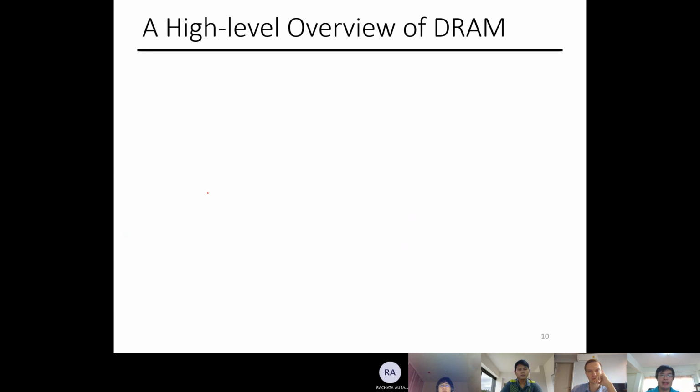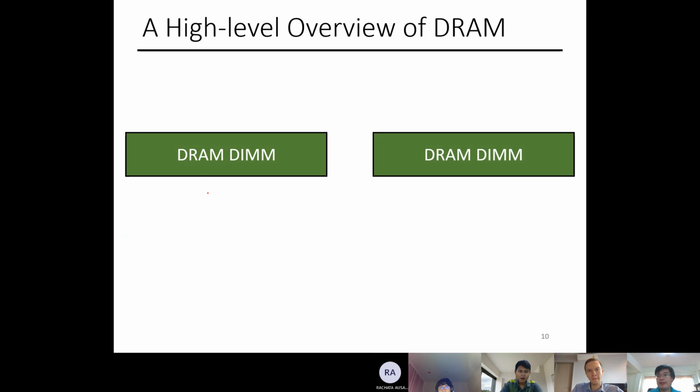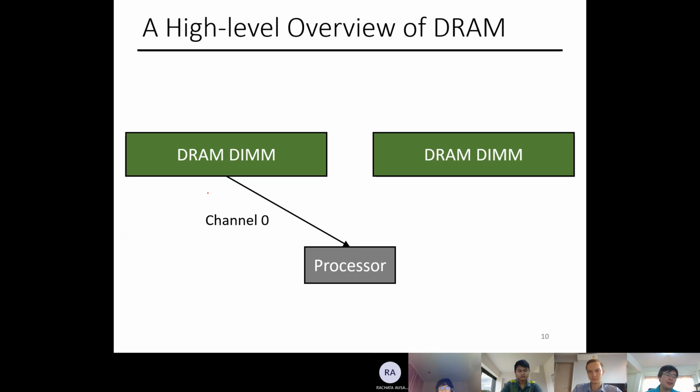So let's go over the high level of DRAM. Let's say you buy the DRAM, two DIMMs, right? And you have the processor. The channel is the physical channel. So how many of you look at the motherboard and notice there are two colors? If you have a desktop next to you, when you're free, feel free to open it up.